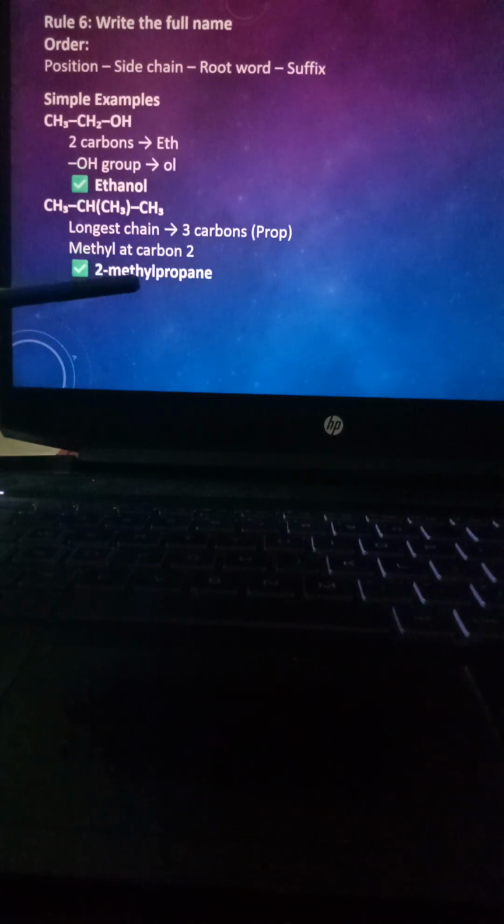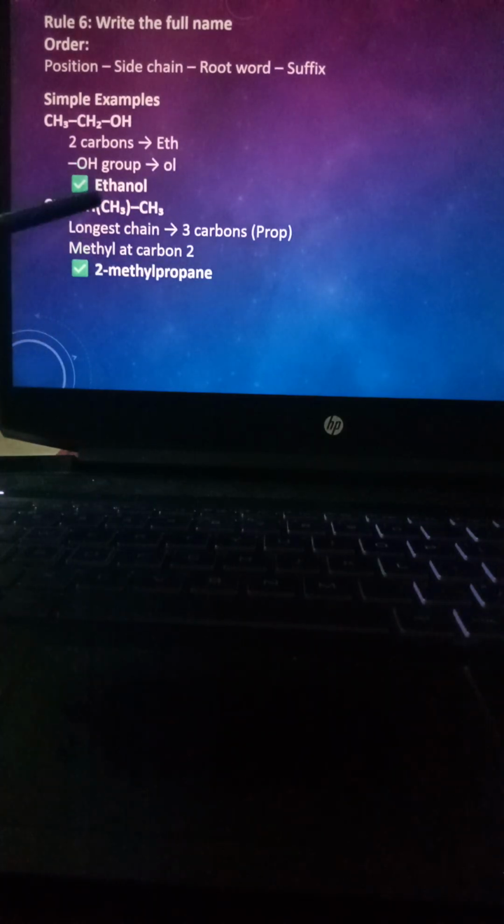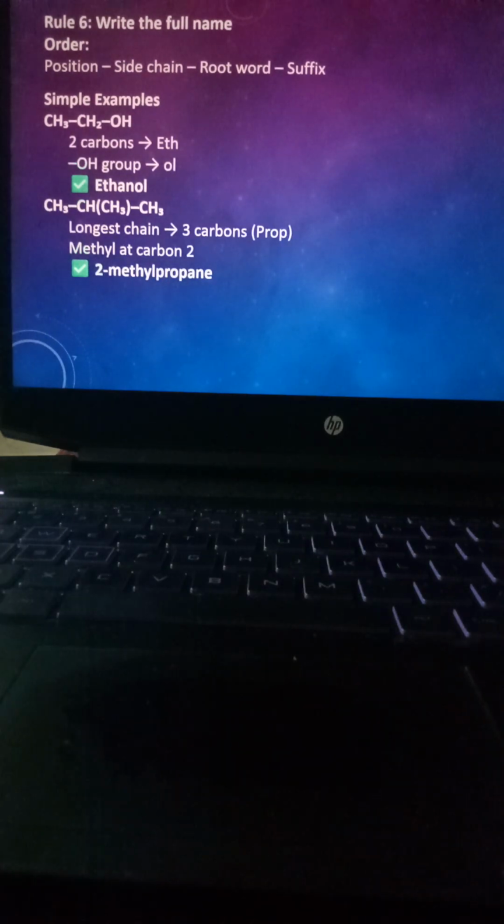So 2-methylpropane. 2-methyl means the position of the side chain: the side chain is present on the second carbon. Next, there are 3 carbons in the structure, 1, 2, 3, so prop. A single line represents a single bond, so it is ANE, propane.